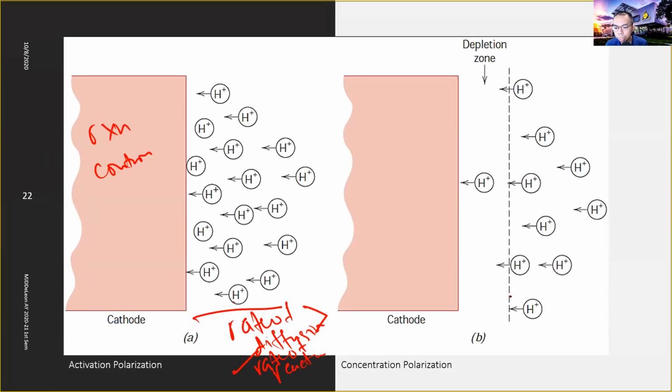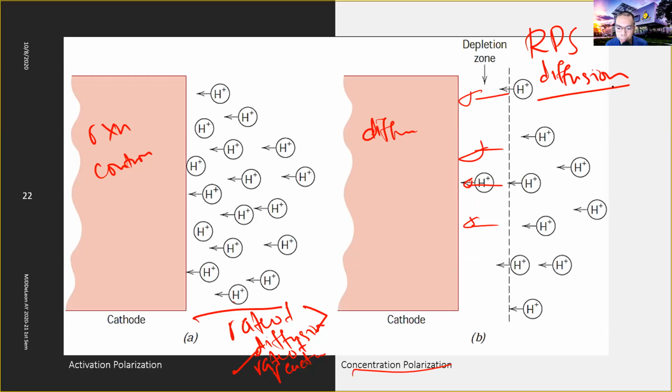On the other hand, concentration polarization happens when the rate of reaction is so fast that diffusion cannot keep up. So here we have diffusion control. When a hydrogen ion enters, it reacts immediately and becomes H2, so the H+ is not given enough time to enter, and diffusion becomes our rate determining step, RDS.